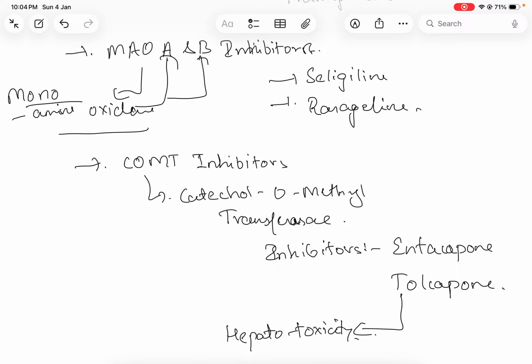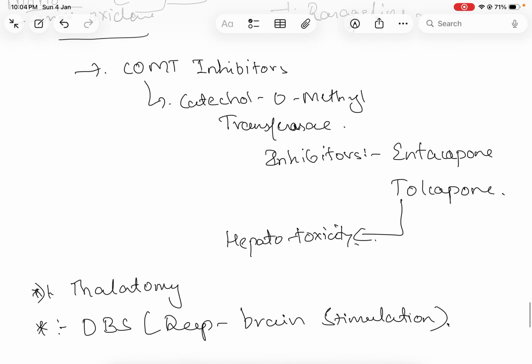The inhibitors we use are entacapone and tolcapone. Nowadays we usually go for entacapone as the first drug of choice, because with tolcapone there are high cases of hepatotoxicity in patients.